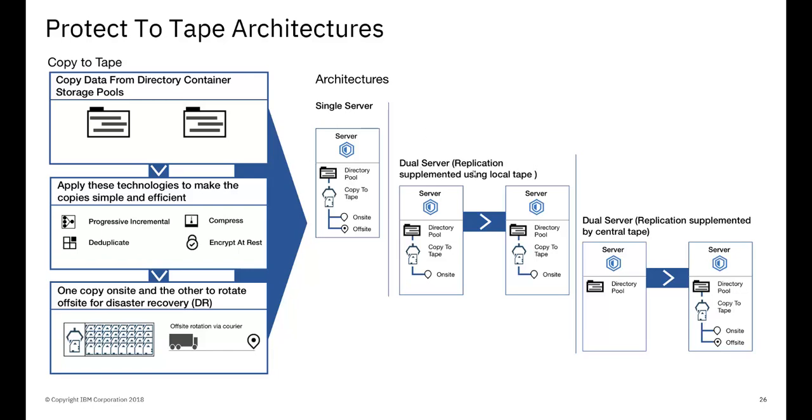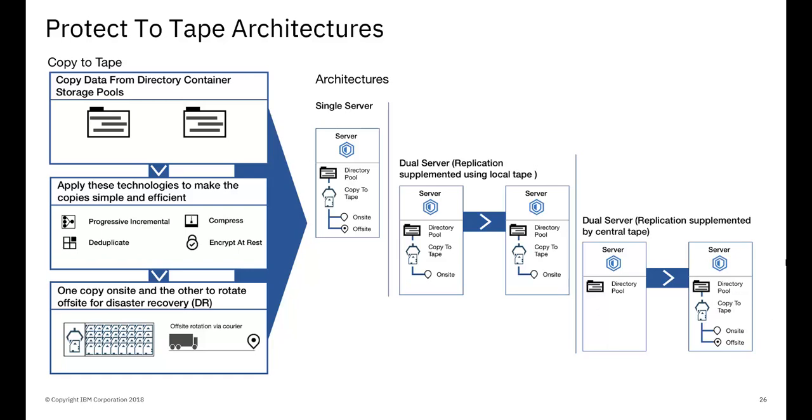If you do have multiple Spectrum Protect servers, ideally you would set up node replication, where the data in your directory container pool will be replicated over to a secondary Spectrum Protect server. So if your first Spectrum Protect server has a failure, your clients are automatically able to restore from the directory pool on the secondary server. Now you could optionally also add in a copy to tape, either at the primary and/or at the secondary site as well.